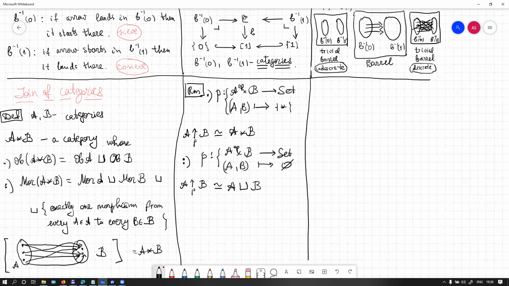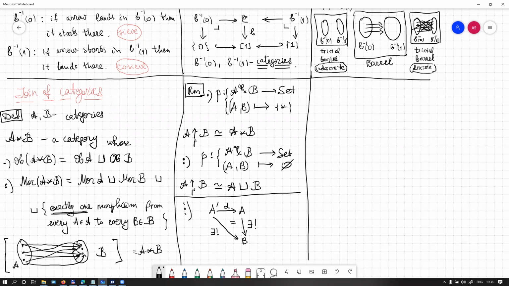Okay, then what would I say? Since we have exactly one morphism from every A to every B, composition is well defined. If you have A prime to A and from A to B exists a unique morphism alpha, then this composite is also unique, and this triangle necessarily commutes.